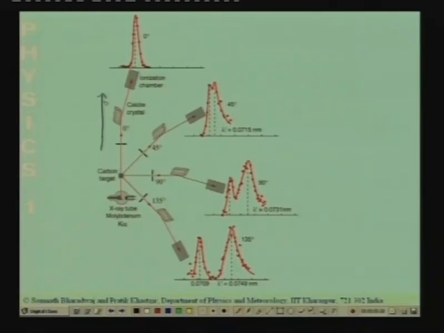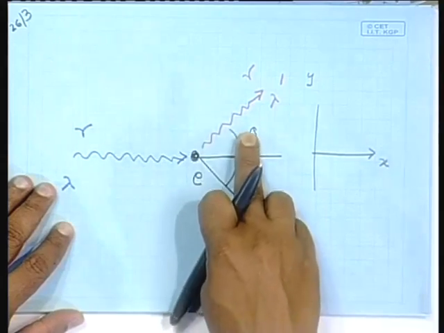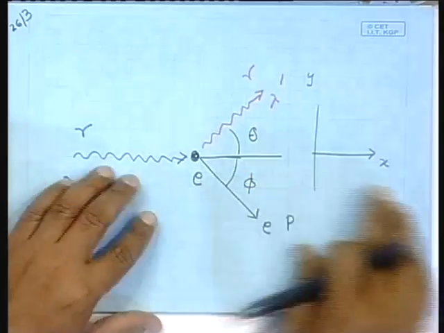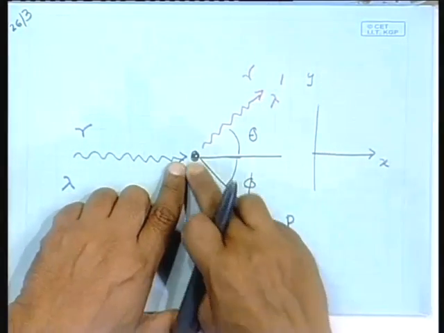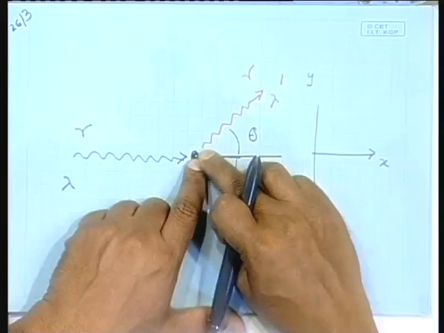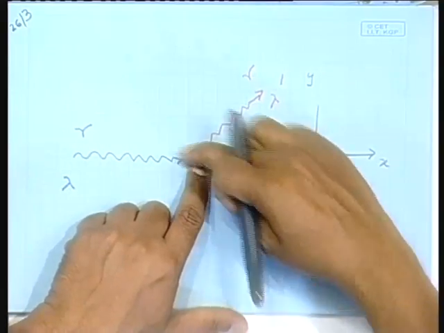And then as you look at larger and larger scattering angles, you expect the shift in the wavelength to increase. The transfer of energy to the electron is going to be maximum if the photon is scattered straight back.